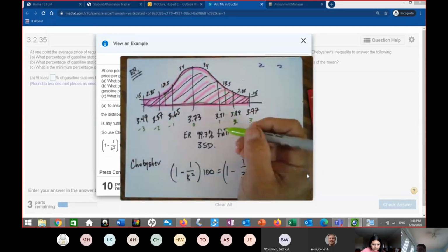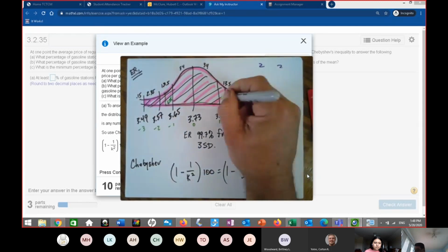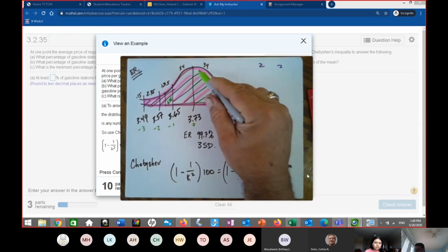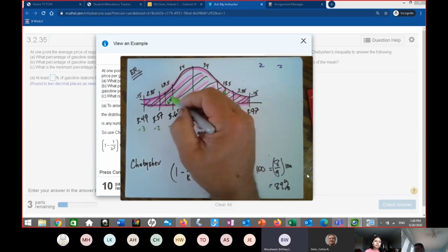What's half of 13 and a half? 6.75. So that's 6.75, and that's 6.75. So what's 68 plus 6.75 plus 6.75?